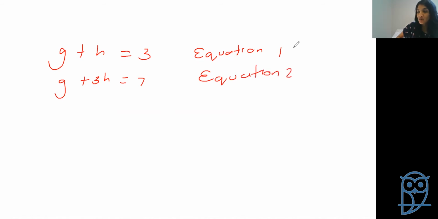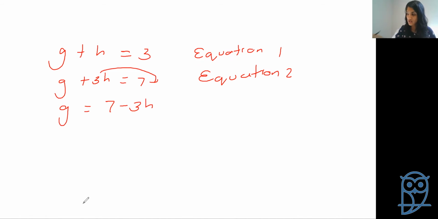Starting once again with equation 2, we're going to start off by saying G is equal to 7 minus 3H. And that is equation 2.